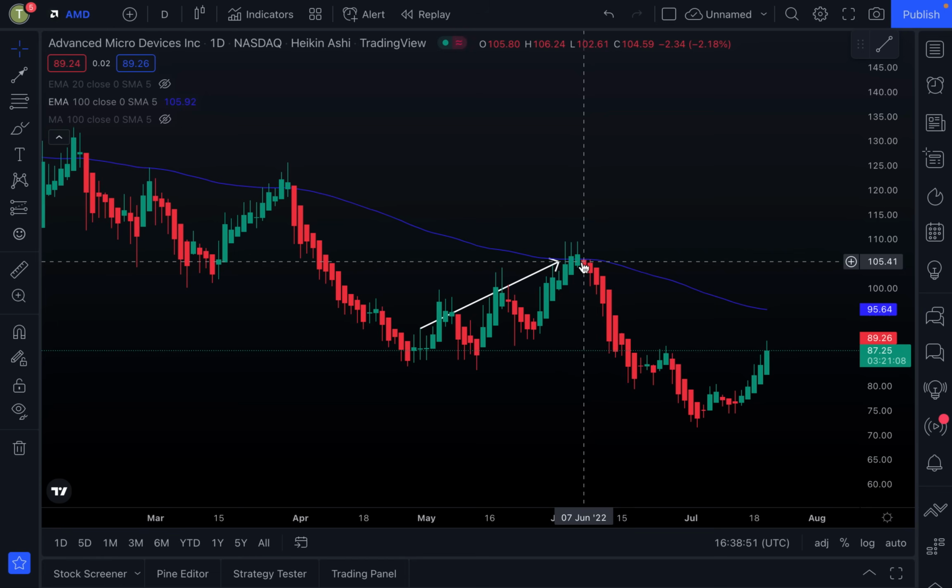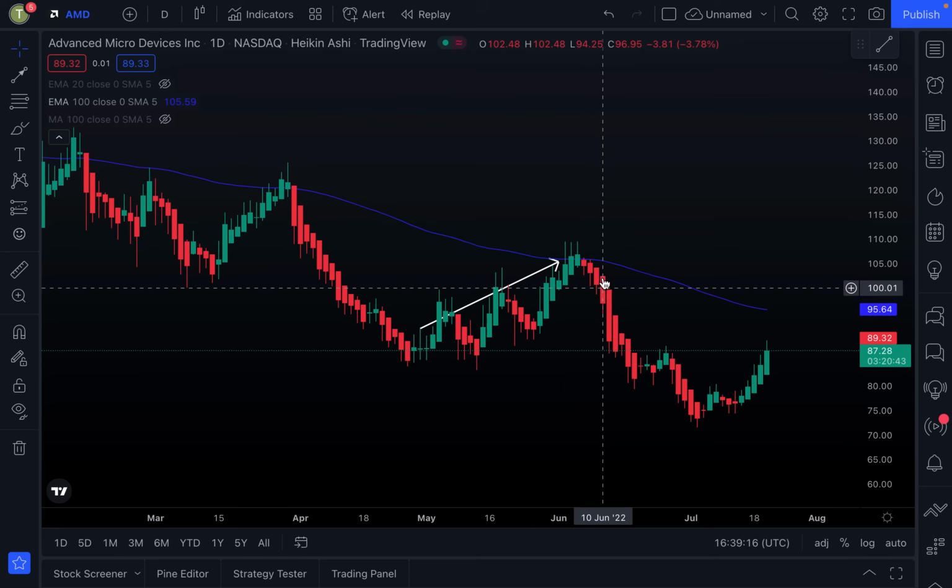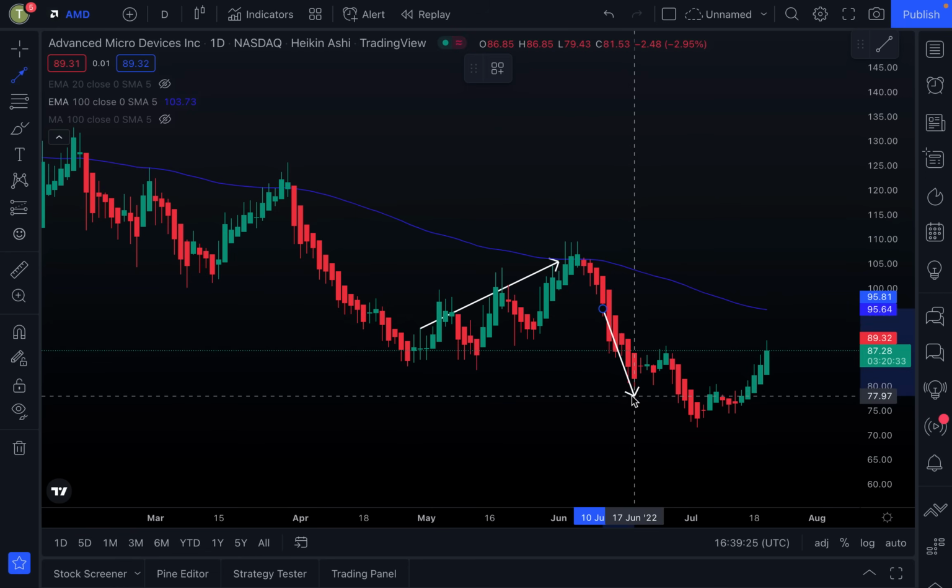Now what we really want is two of these bearish red candles to show up one after another. And we see that here. The first candle is a red candle with no upper wick. Notice the candle before has an upper wick, so we wouldn't count that. But this one has no upper wick, so we would count it, with a relatively larger body. And then the next candle, same thing: red candle, relatively large body, no upper wick. So at the end of this candle, we potentially enter a trade. And if you had done that, you could have potentially made some nice profit here.